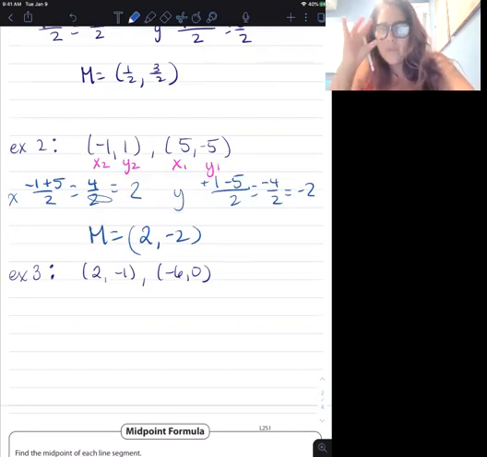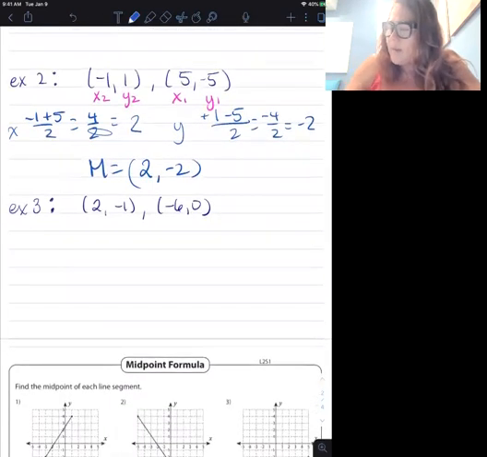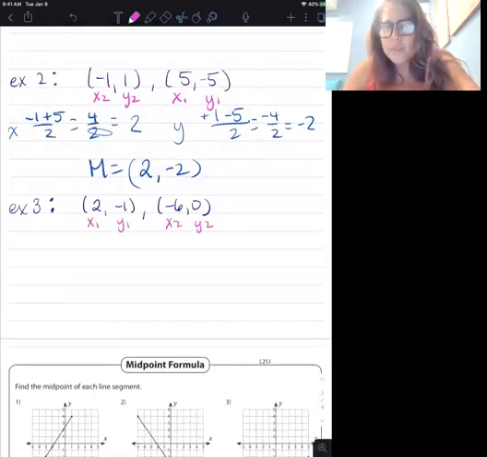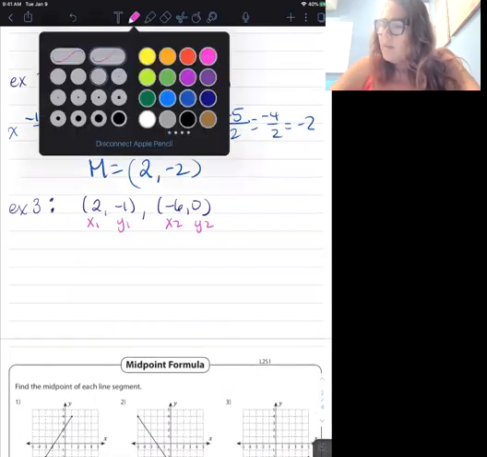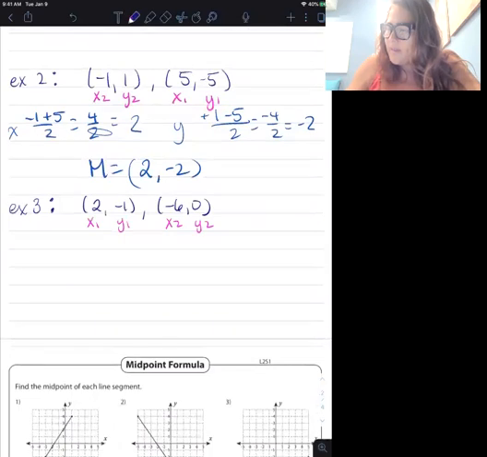All right, and one more example, just when they give you 2 points and they want you to find the midpoint. I've got my, let me write them here again for you, x1, y1, x2, y2. Switch that back, and I've got my x's. I've got 2 plus a -6, all divided by 2.